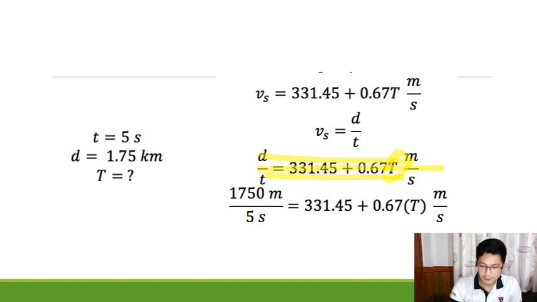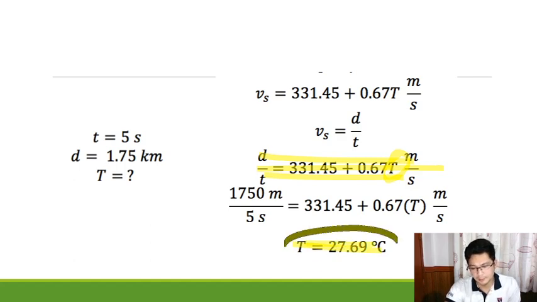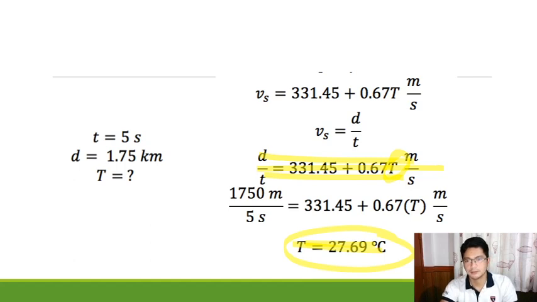So, yan. Pwede nyo ulit i-pause yung video into calcu. Our answer is 27.69 degrees Celsius. So, this is the temperature that day. Ayan, okay.